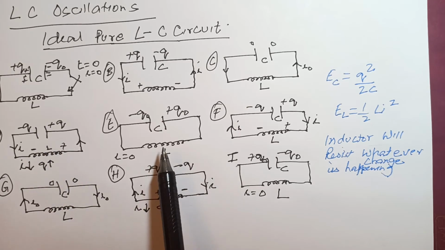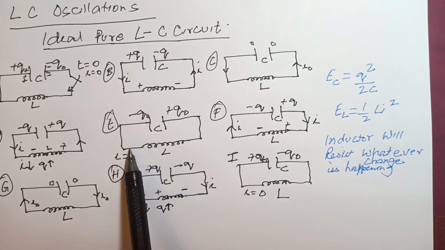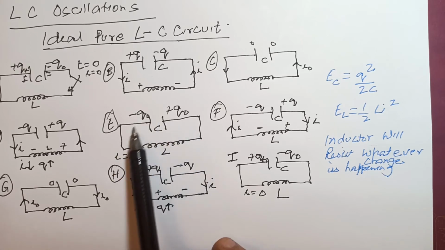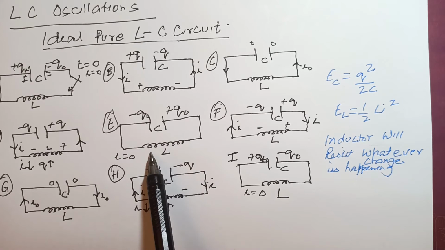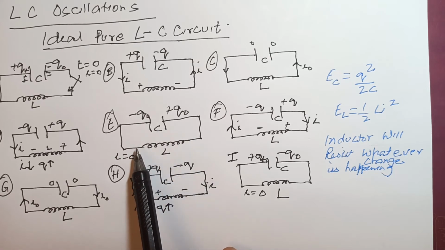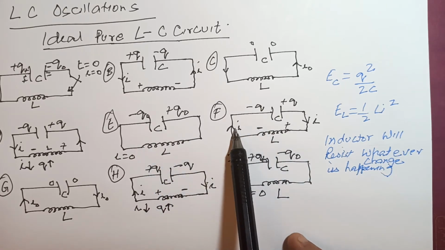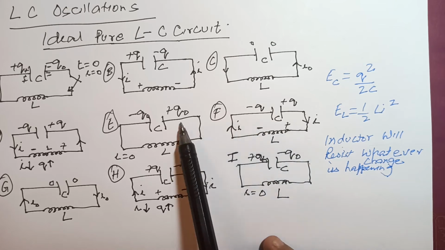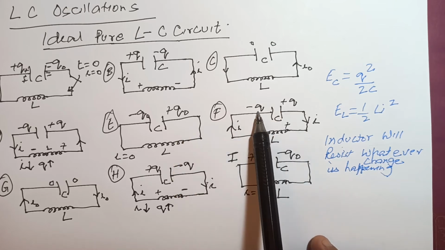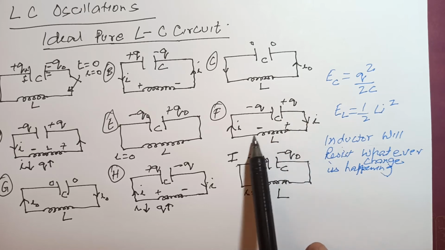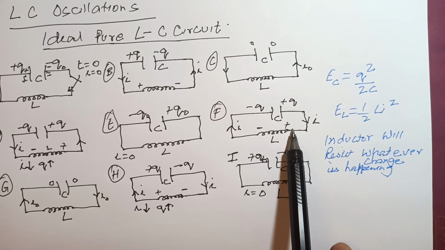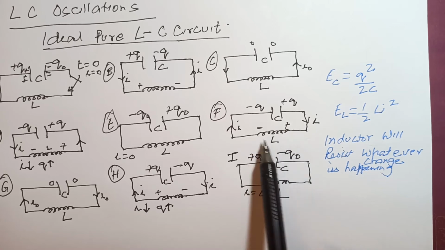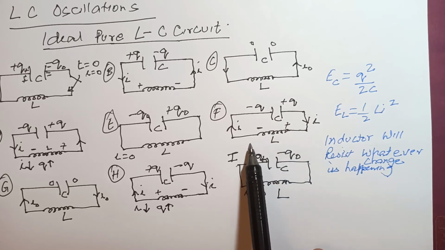Coming on to the next one, it reaches the peak. After reaching the peak, the current becomes 0. Very good. After this, this is positive and this is negative, so now the current will start flowing in this direction, and the inductor will oppose it, so it will be positive and negative just to oppose this flow.